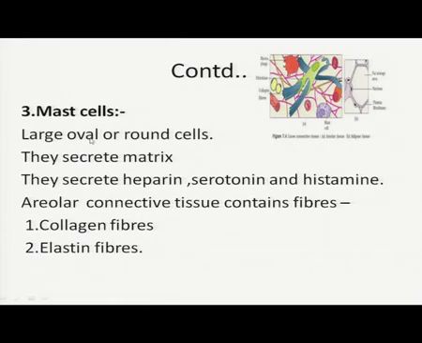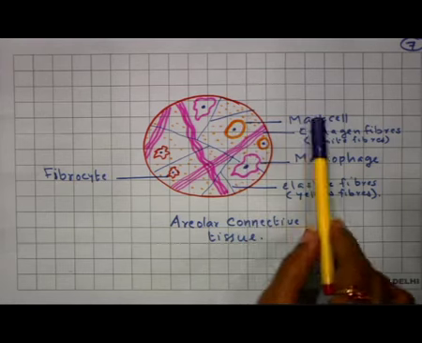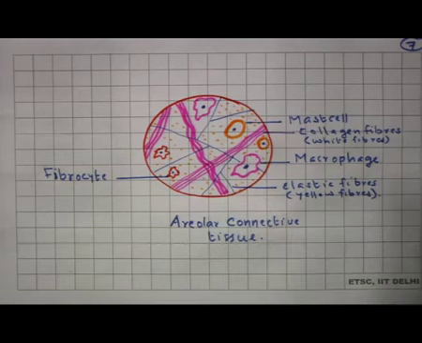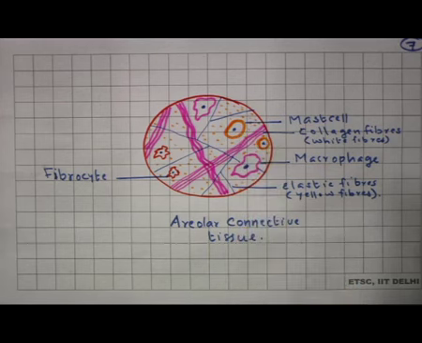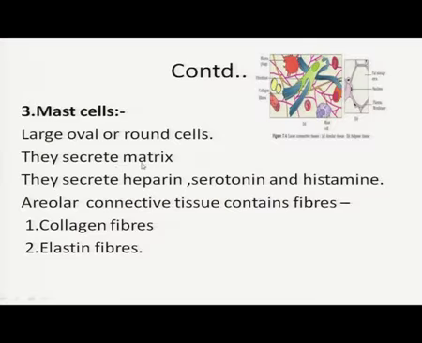The third category of cell is the mast cell. Large cell, oval or even round in shape, and they secrete the matrix. Similarly, they secrete the anticoagulant heparin, serotonin and histamine.